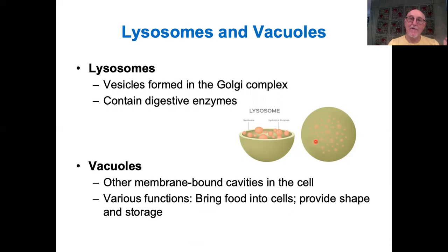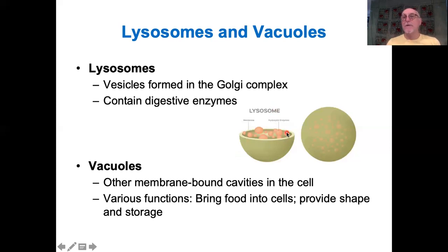Those vacuoles containing stuff that needs to be digested are moved close to these vesicles called the lysosomes, and they unite with the lysosomes so that the digestive enzymes are mixed with the foodstuffs, digest everything, and that can then be absorbed by the cell.